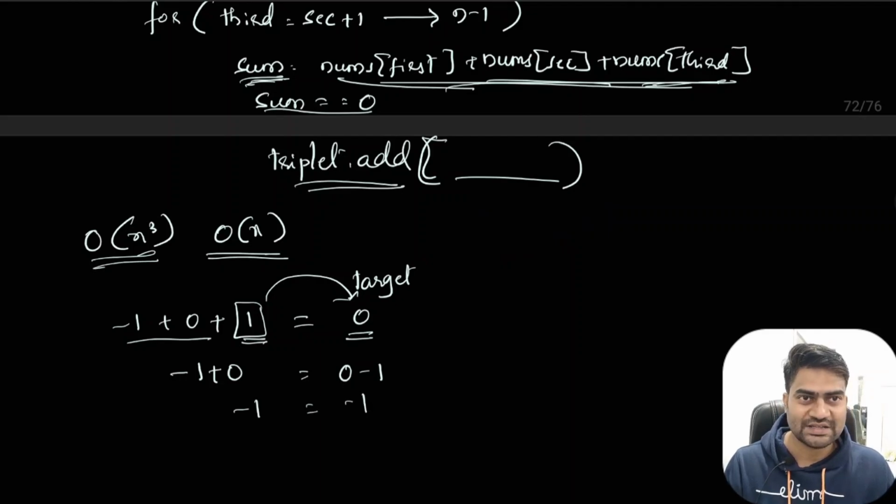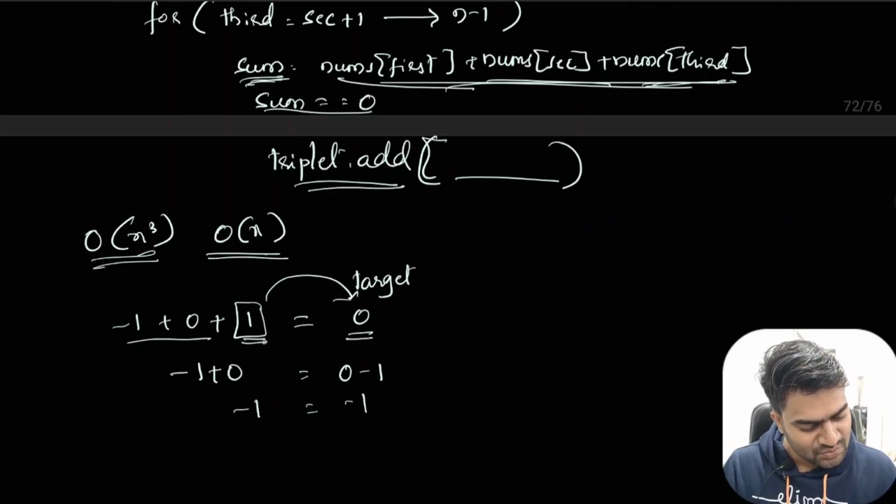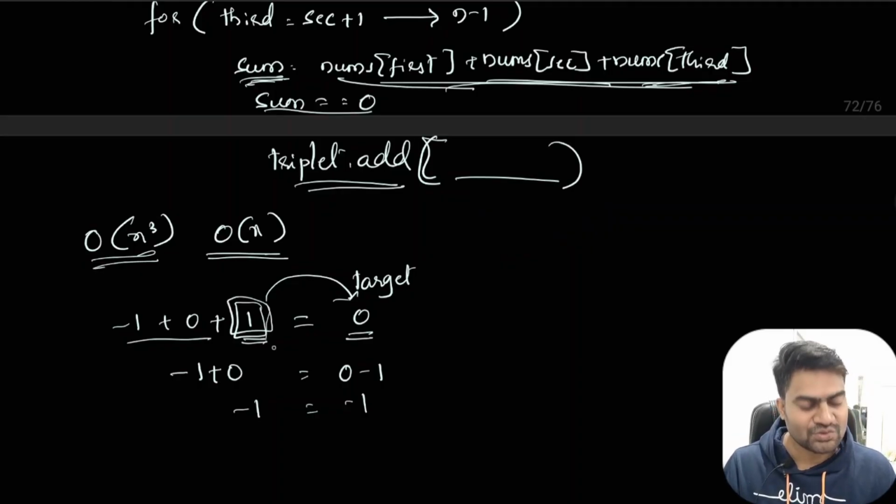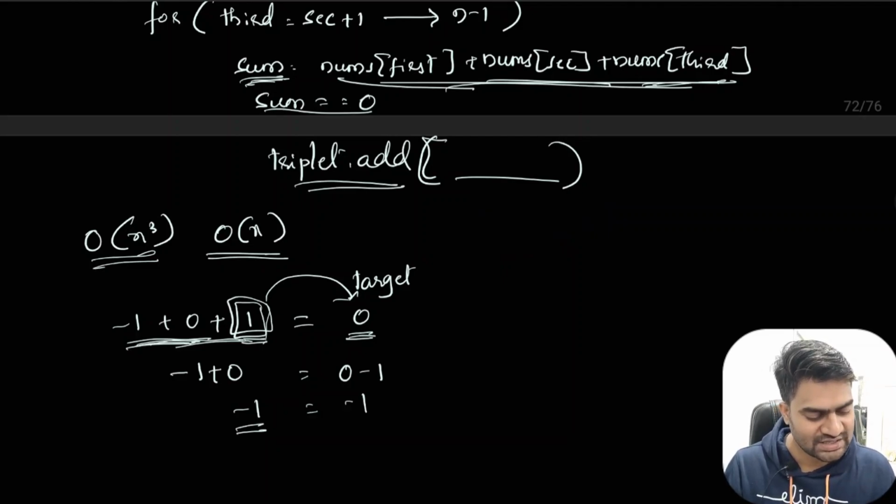So what I'm trying to say, if I know this particular value already, then the remaining two numbers will sum up to give me -1, correct, right? This is simple mathematics. If three numbers give us 0, and I know one number, the other two numbers will sum to 0 minus that one number. So that is nothing but -1 in this case.